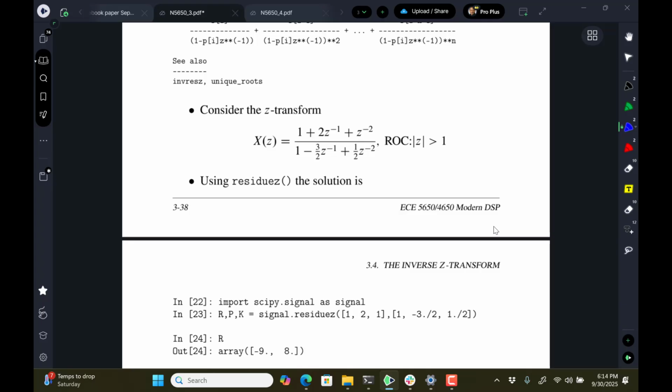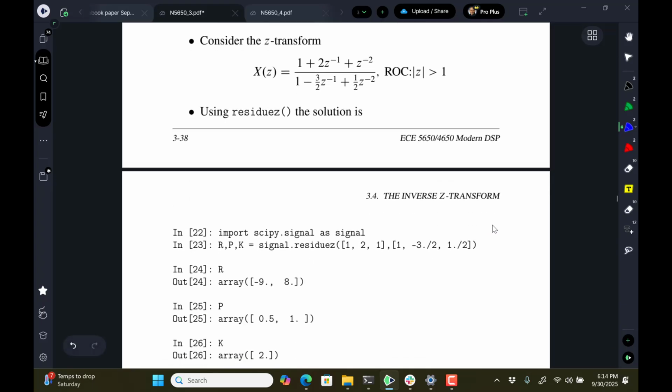This works that same way. So we have a numerator set of coefficients 1, 2, 1, and our denominator coefficients are 1, minus 3/2, and plus 1/2.